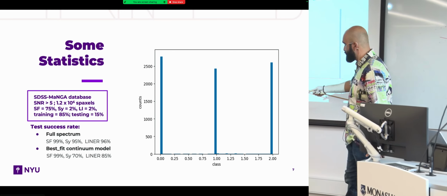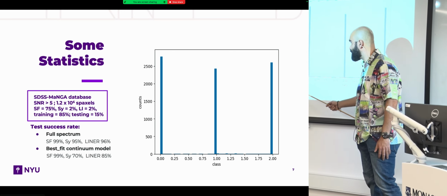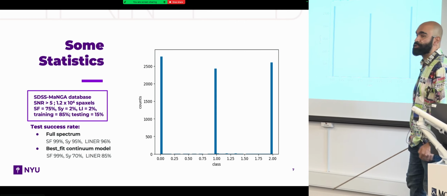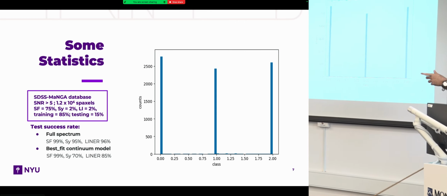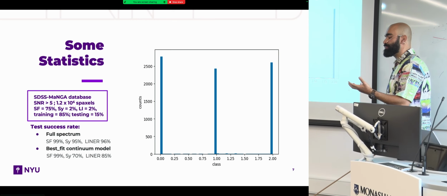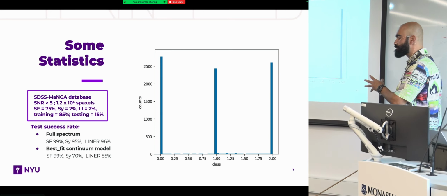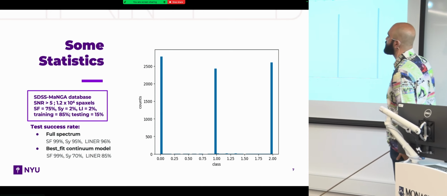But this result is actually surprising. There's an actual large group of LINER emission that can be distinguished just by their absorption features without relying on their strong emission lines. So there's some connection between the stellar population of these spectra and line emission, and this is something we're going to investigate more.